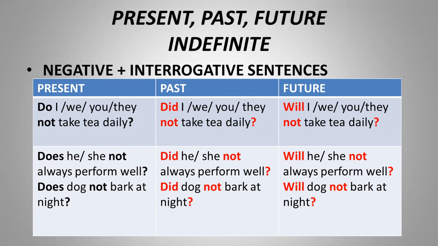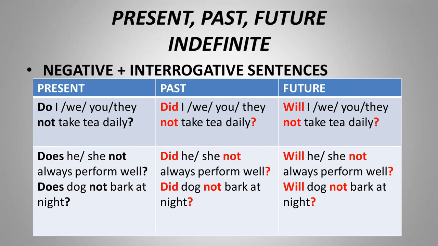Keep the not at its place. Like we have in present, do I not take tea daily? It was the original sentence and negative was I do not take tea daily. Just leave not at its place, bring do in the beginning, and the trick is done.